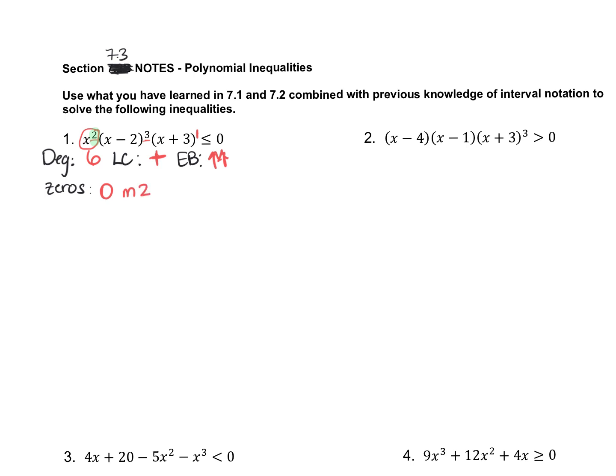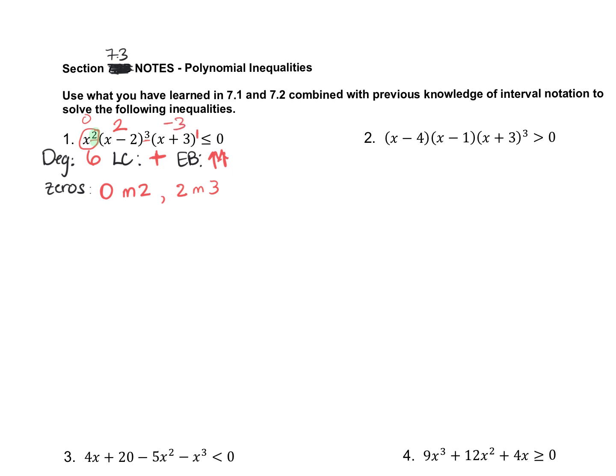Okay. My second one, this zero is going to be 2. This one is a zero, and its multiplicity is actually a 3. This zero right here is a negative 3 at that point.